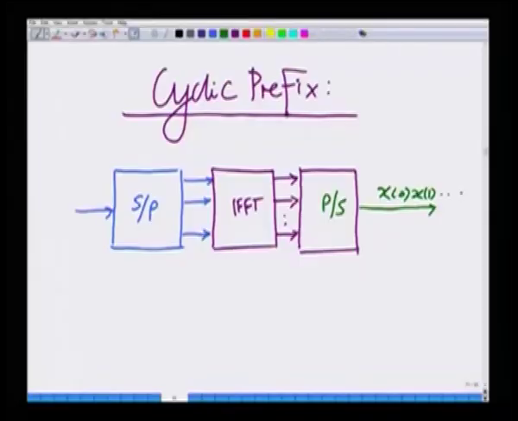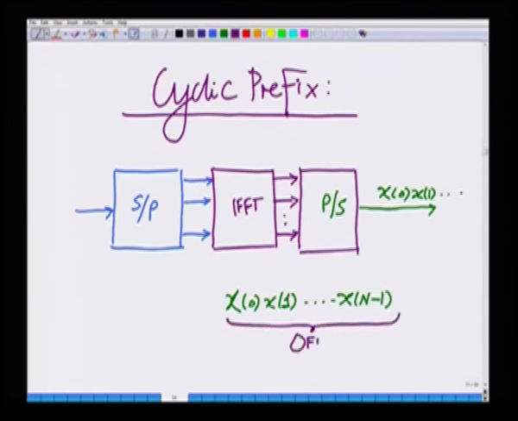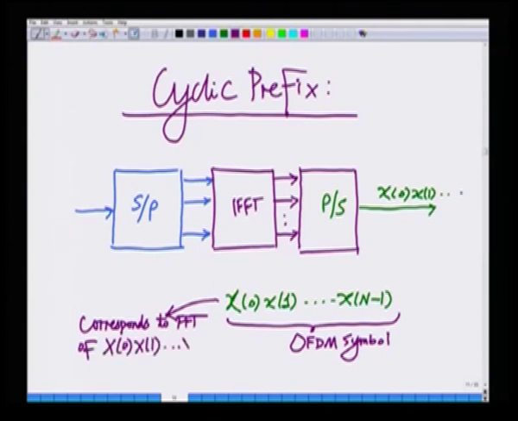Okay. So, I have one OFDM symbol. This essentially corresponds to the IFFT of x0, x1 up to x of n minus 1.